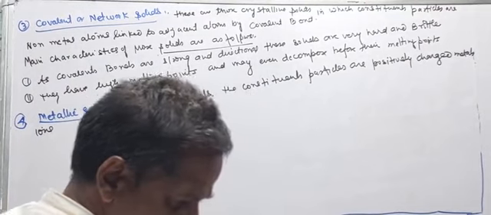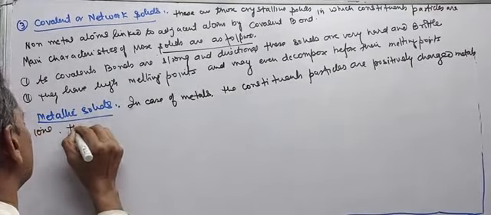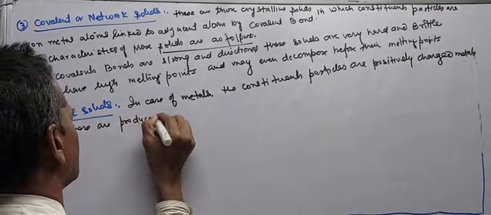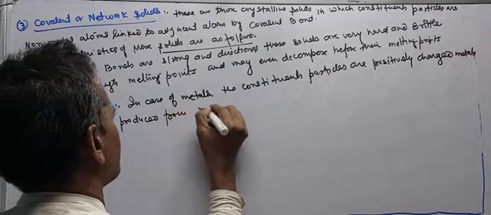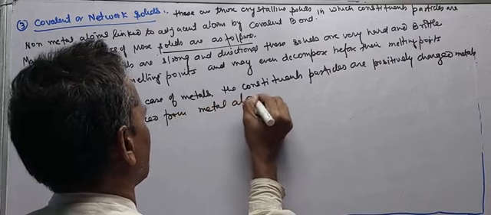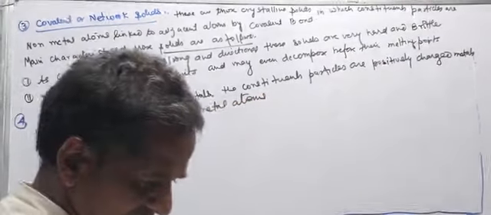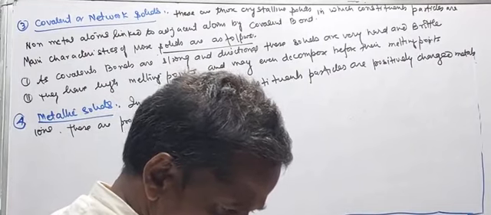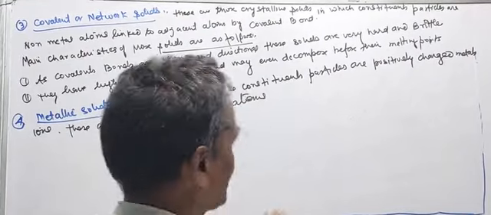These are produced from metal atoms because metal atoms have low ionization energy.